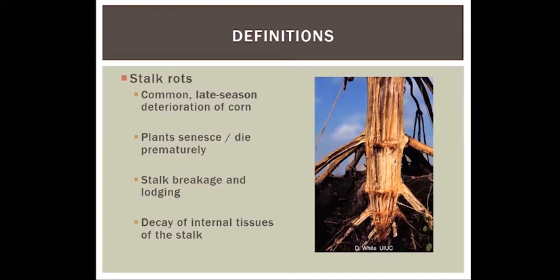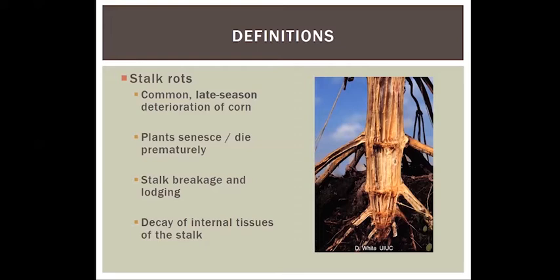So this isn't something that's going to affect an entire field, but you might see patches of corn with issues or individual corn plants that have issues with lodging. Obviously, the more plants in a field that have stalk rots and lodging issues, the more of a problem it's going to be. So that's why when we talk about scouting in future slides, that's going to be very important.